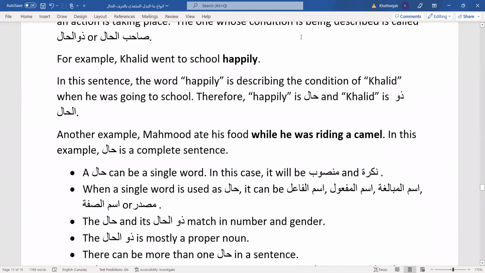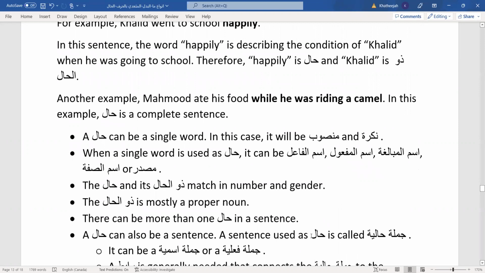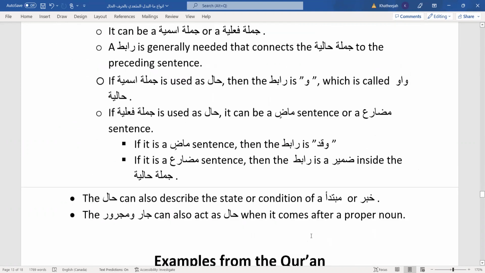And the hal and Dhul Hal have to match in number and gender. And Dhul Hal is mostly a proper noun. Okay, so this is regarding when a single word is used as hal.